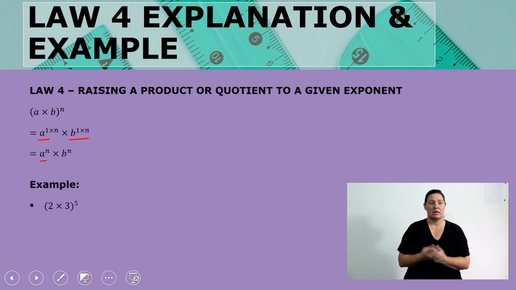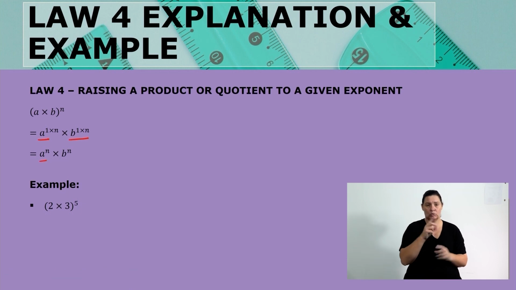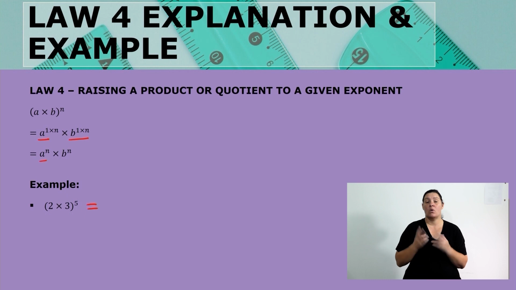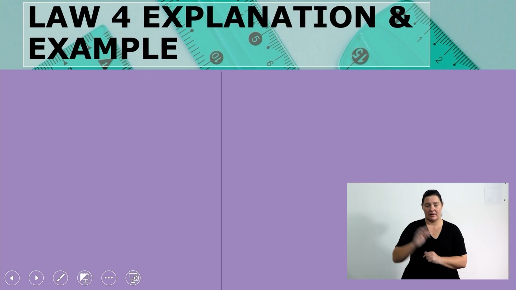An example is if I have 2 multiplied by 3 and raised to the exponent 5, what is going to happen to those numbers? We are going to say this is 2 to the exponent 5 multiplied by 3 to the exponent 5. Let's look at more examples.